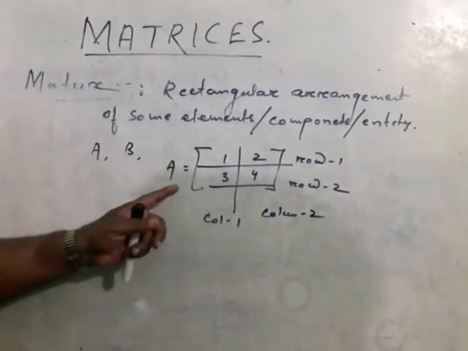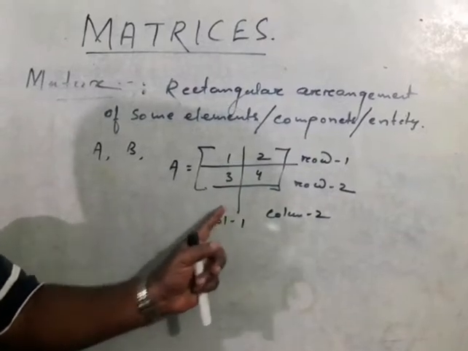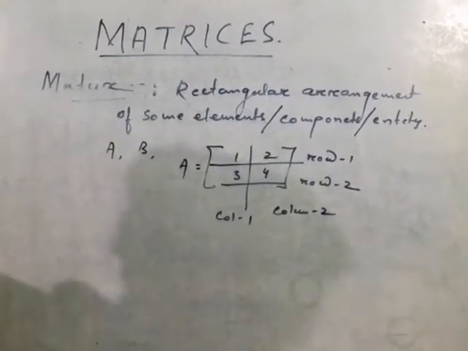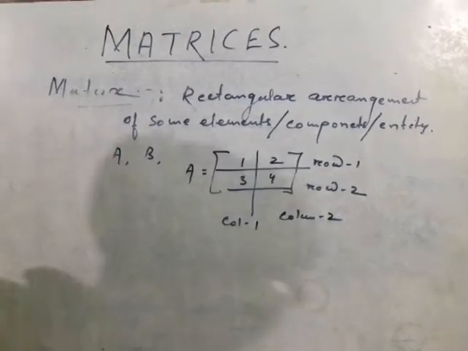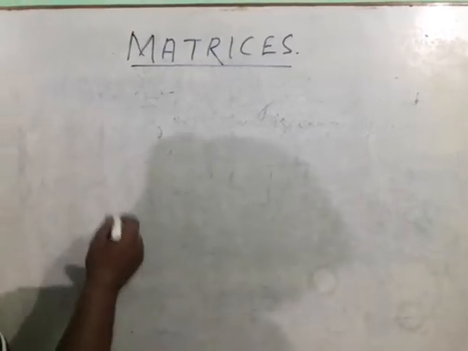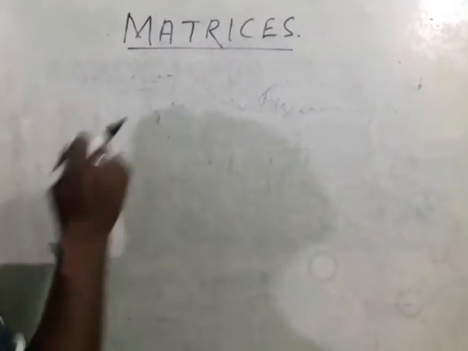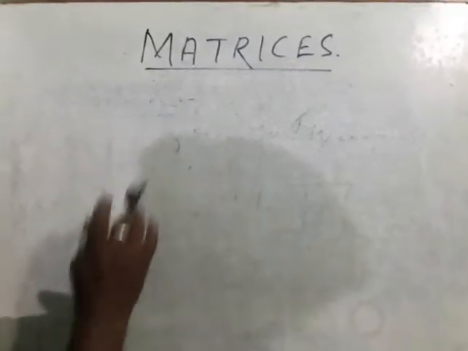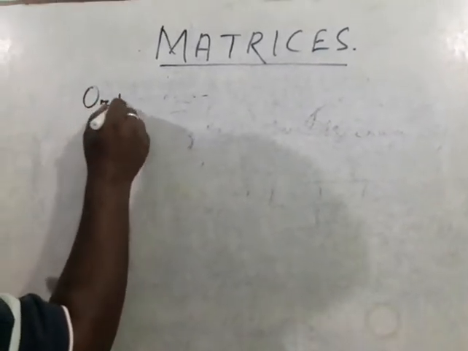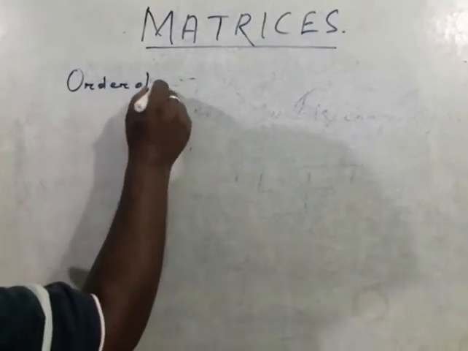Whenever the elements are arranged in a rectangular manner, we call the number of rows and columns the order of the matrix.